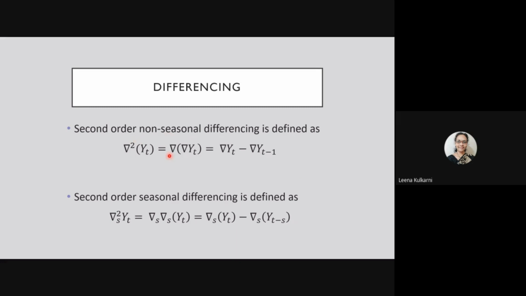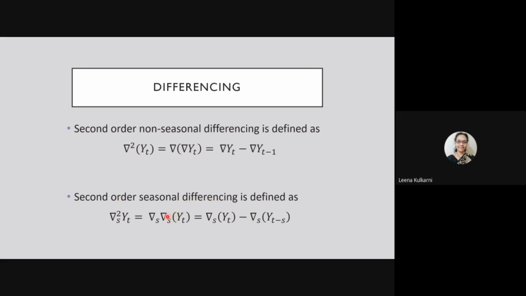It is the difference of the first order difference series. So if you are using first order non-seasonal difference series data and difference it once more, it will give you the second order non-seasonal differencing. In the same way you can define the second order seasonal difference also.